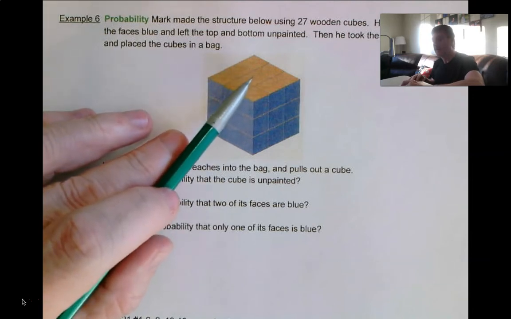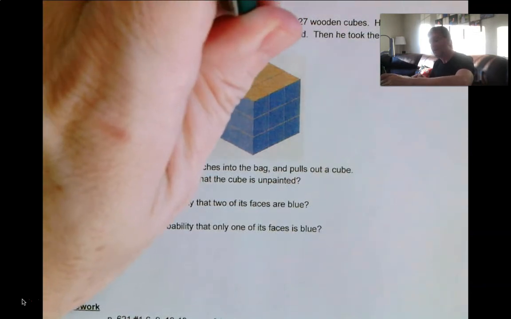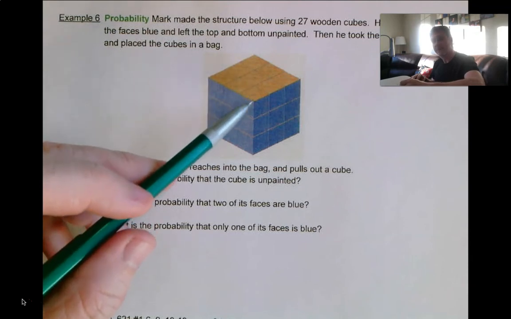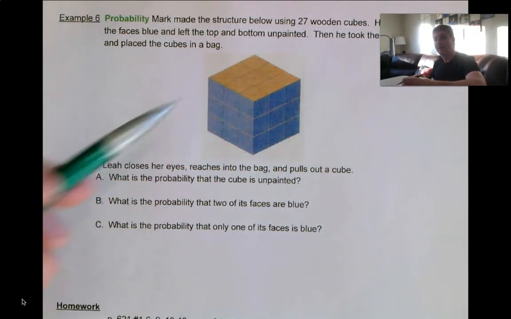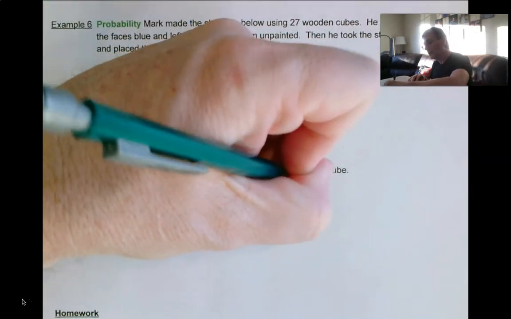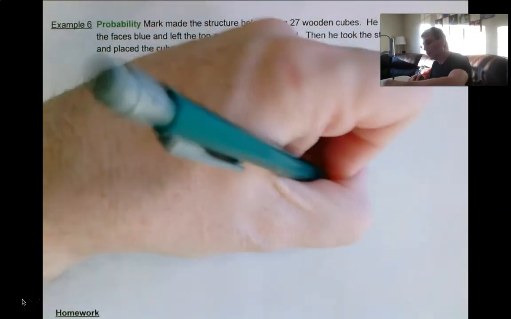They weren't painted. In fact, none of the ones in this column, this one, the one below it, and the one on the bottom, that go right through the center of the big cube, are unpainted. So that's 3 out of the 27 cubes, or 1/9.